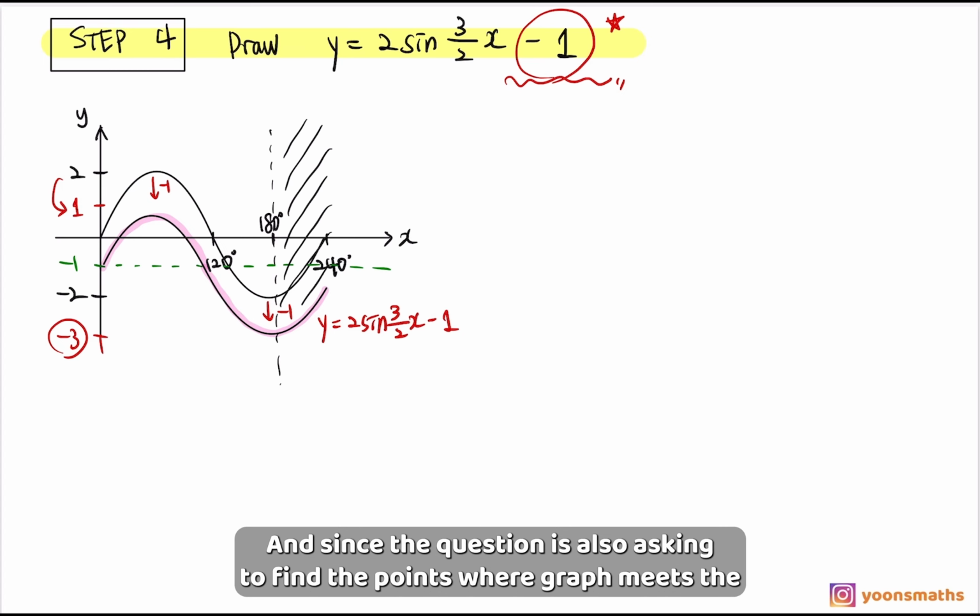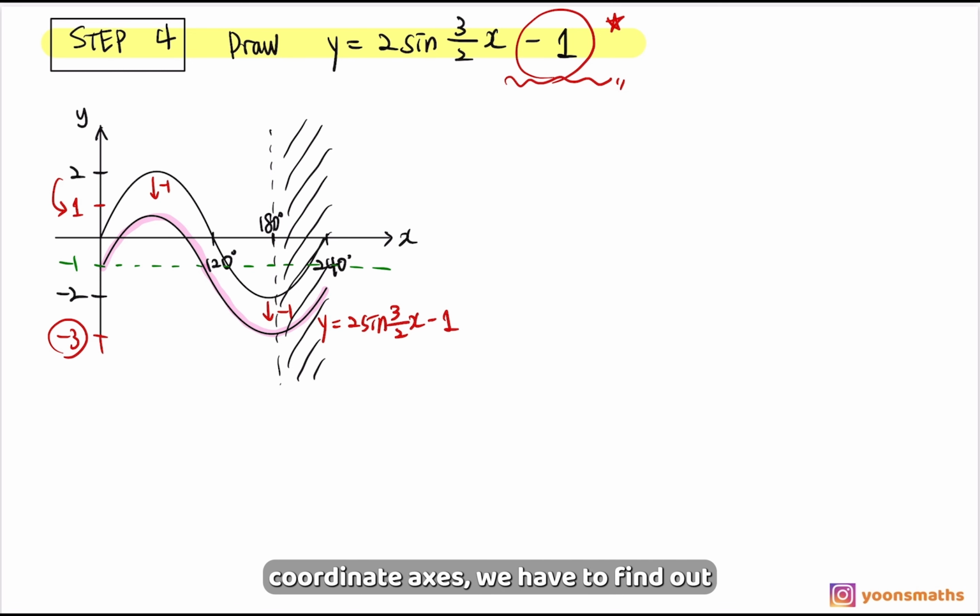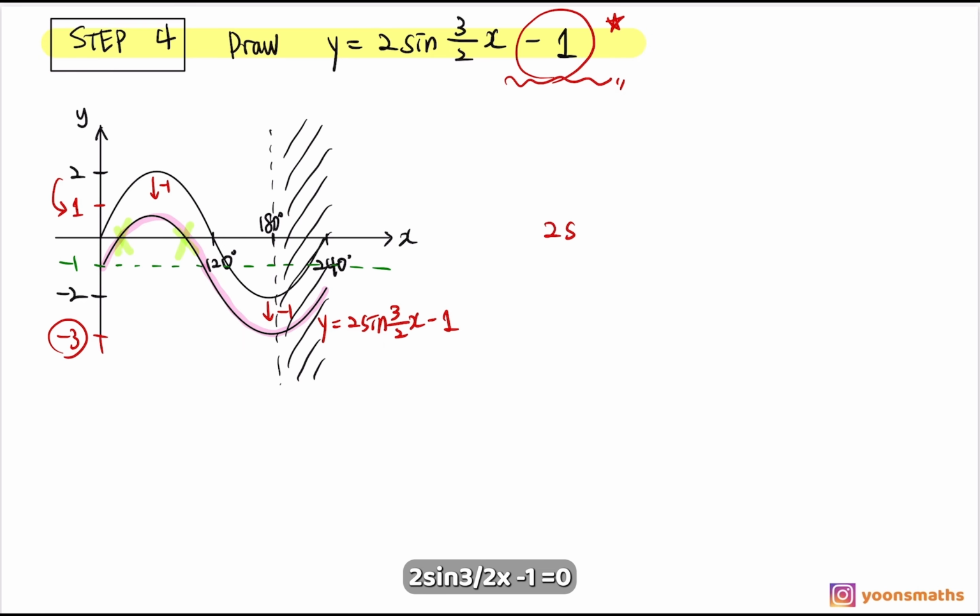And since the question is also asking to find the points where the graph meets the coordinate axis, we have to find out these 2 points here and here. How can we find out these 2 points? We can find out by solving 2 sine 3 over 2 x minus 1 equals 0.